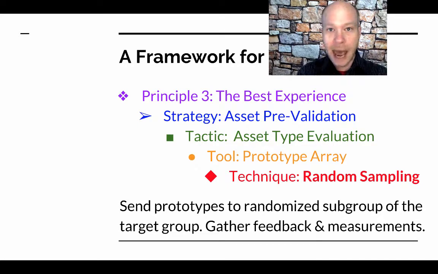We can take that audience in this example technique and just do a random sampling. Send it out to a few people that are within our target group. That is, not the stakeholders, not the SMEs, but the actual people that have that identified knowledge gap, and see what works.